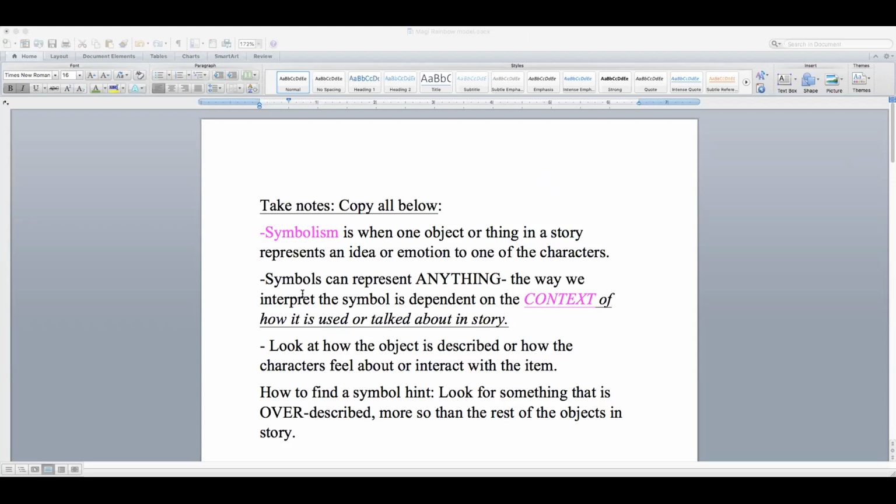Symbols can represent anything. The way we interpret the symbol is dependent on the context of how it is used or talked about in the story.